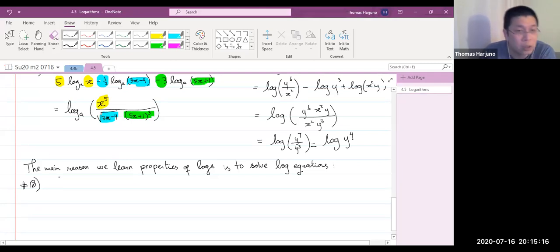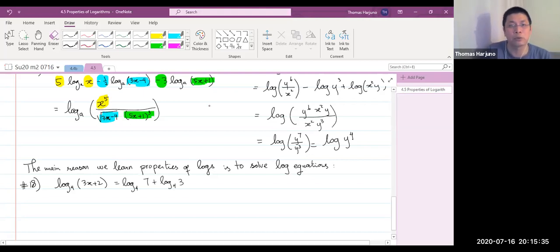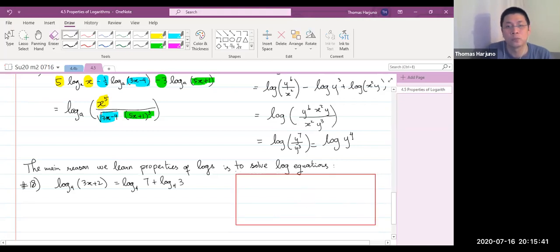Number 18, log base 4 of 3x plus 2 equals log base 4 of 7 plus log base 4 of 3. Now, let me give you the big story first. There are two possible things that can happen. The first one is you have log blah equals log blade with the same base.